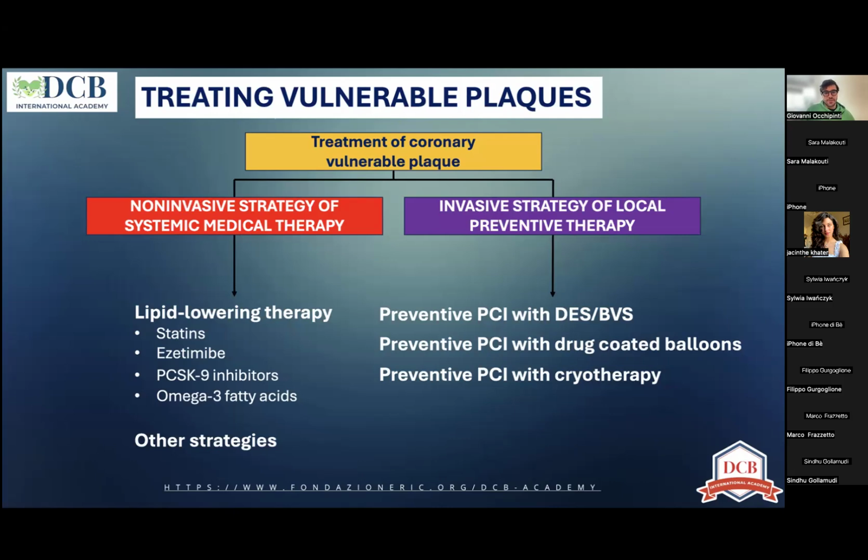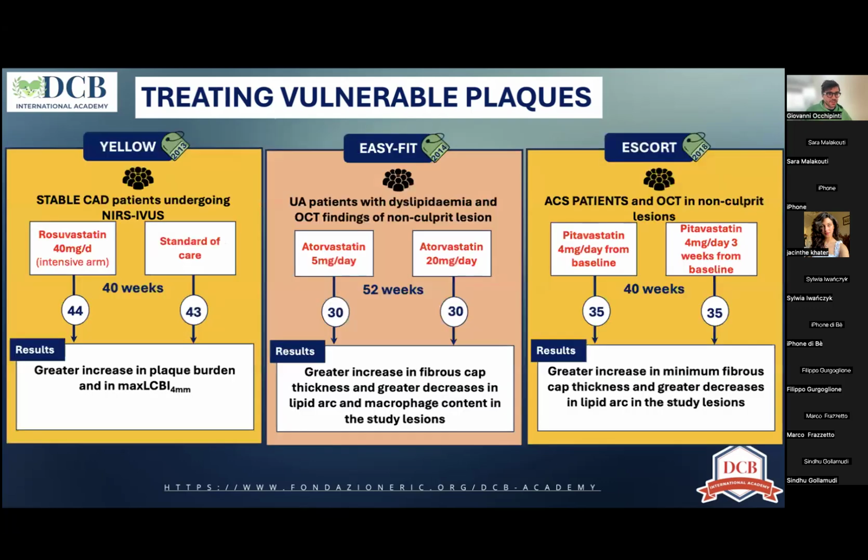With regard to the treatment of vulnerable plaques, what observational and randomized clinical trials are trying to investigate in terms of treatment of the vulnerable plaque, we can divide into two different pathways: the non-invasive strategies of systemic medical therapy and the invasive strategy of local preventive therapy. Here I'm trying to give a rapid look at the currently tested strategies.